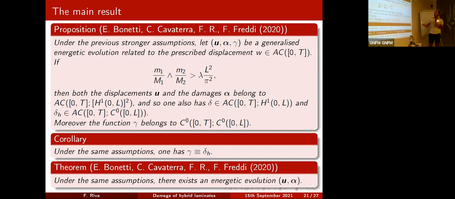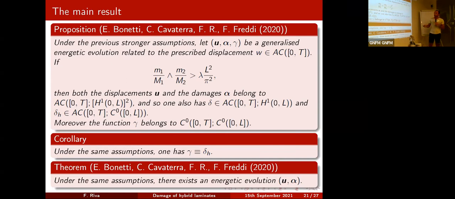We prove that, in some complicated spaces, they are continuous in time and continuous in space somehow. And also the history slip is continuous both in time and space. So under the previous assumptions we are in a setting in which the evolution evolves without jumps.